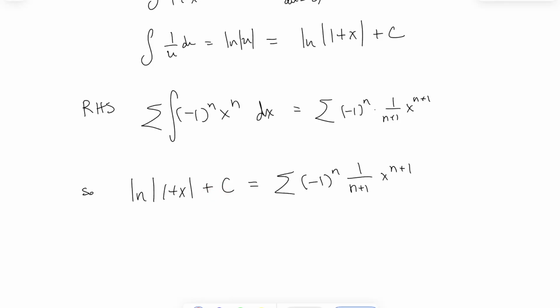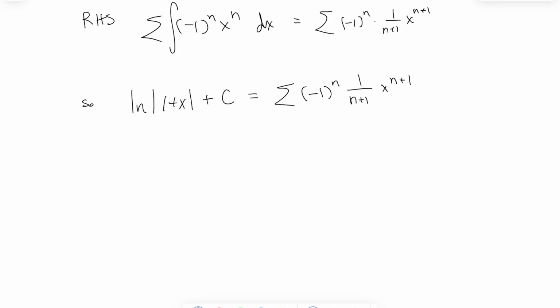And actually, we should talk about that c. What actually is the c? Actually, you can figure out what the c is. We can plug in a specific value and actually calculate everything. Let's plug into both sides.